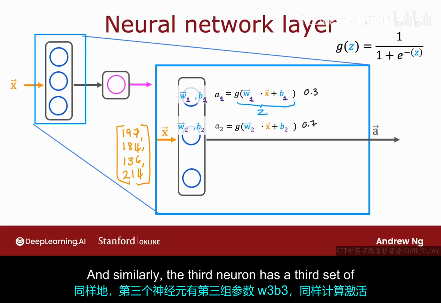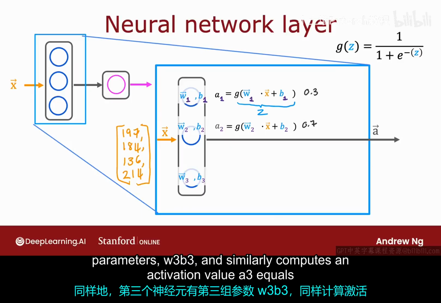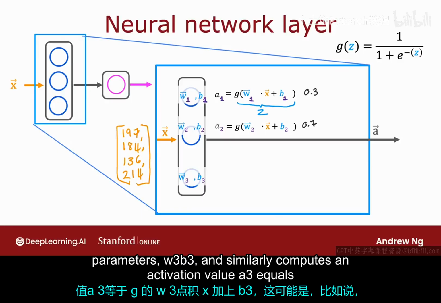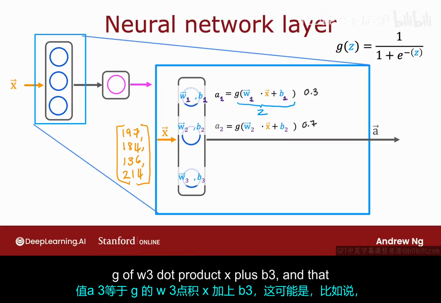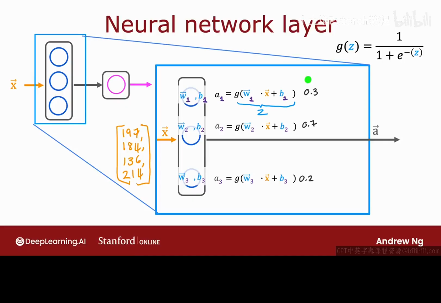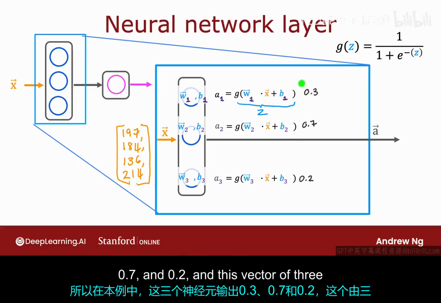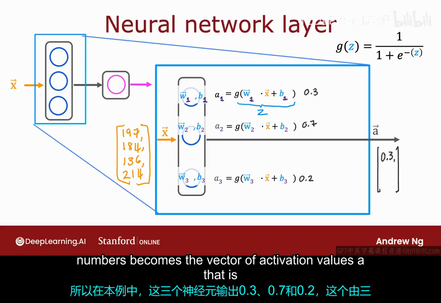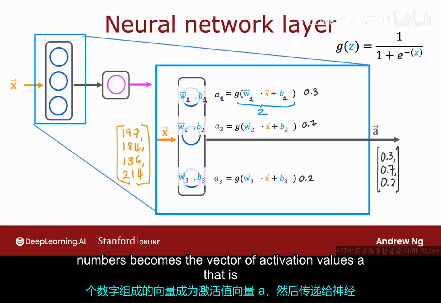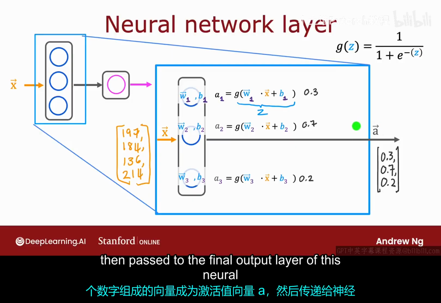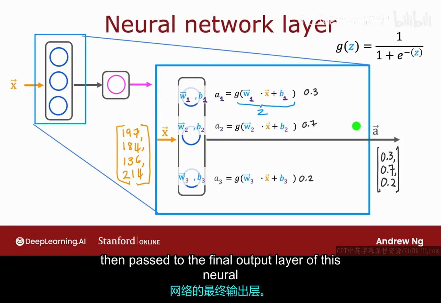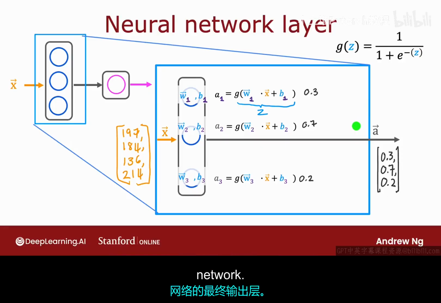And similarly, the third neuron has a third set of parameters, W3, B3, and similarly computes an activation value A3 equals G of W3 dot product X plus B3, and that may be, say, 0.2. So in this example, these 3 neurons output 0.3, 0.7, and 0.2, and this vector of 3 numbers becomes the vector of activation values A that is then passed to the final output layer of this neural network.